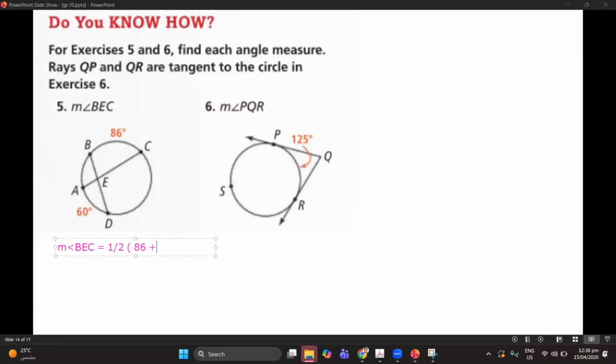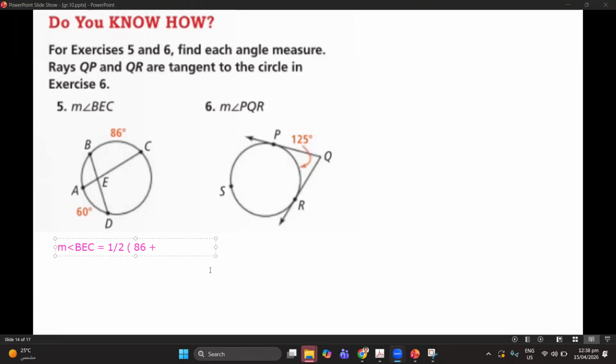Sorry, minus or plus? So here it's half BC, plus or minus? Plus, because it's inside.